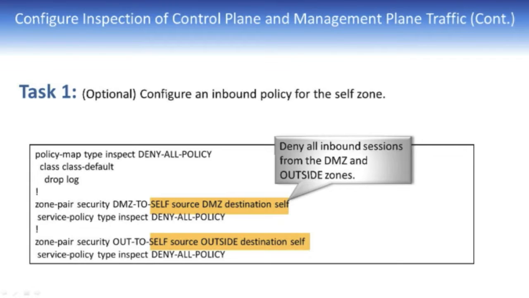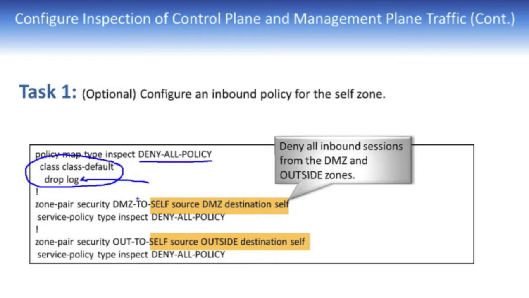Remember, in our configuration scenario, we wanted everything else denied, right? All inbound sessions from the DMZ and the outside zones denied. So notice we have a simple deny all policy here that leverages the class default action of drop. And notice we added the log keyword. So we're going to get to log the people that are attempting to communicate to our router to see who those attackers are.